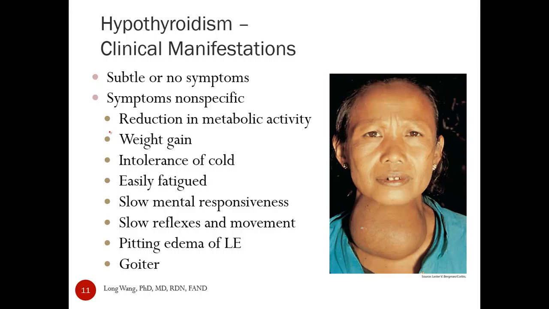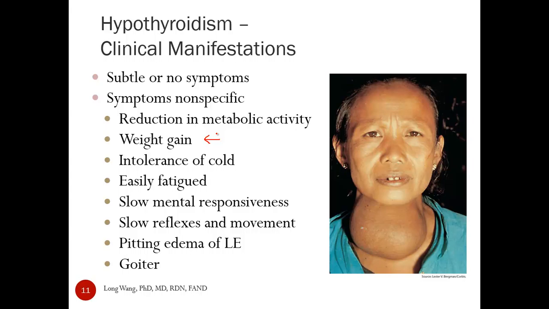For example, people, due to lack of T3, T4, will have a reduction in metabolic activity, and we know when we have decreased energy expenditure, we will have more energy saved in the body. That means people may have weight gain, and this weight gain sometimes is not able to be explained by any other reason.